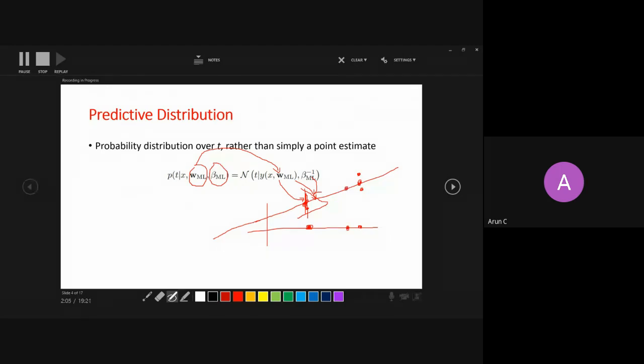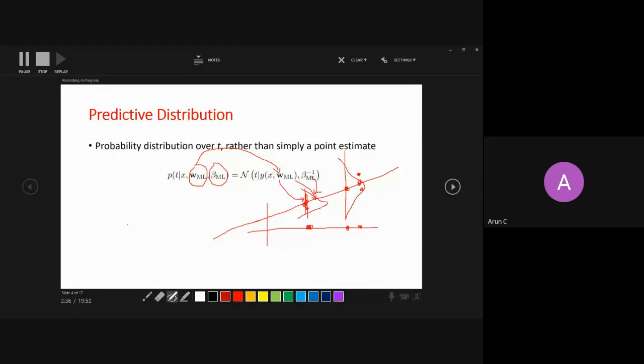But now, because we are using the probabilistic formulation, we can predict any value of t around this point using the Gaussian distribution, right? So this is not a point estimate. This is a distribution I am predicting. I am predicting the distribution over t. And once you are predicting a distribution over t, you can pick any random point from that distribution.